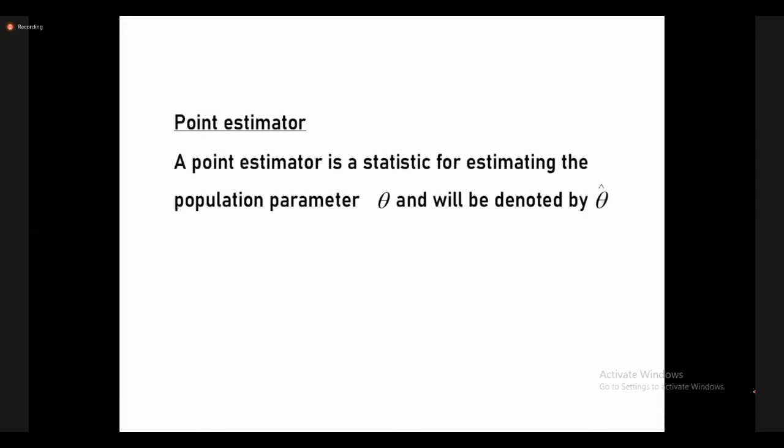Now all of you see here the point estimator. A point estimator is a statistic for estimating the population parameter, which is denoted by theta, and the estimate is denoted by theta cap.